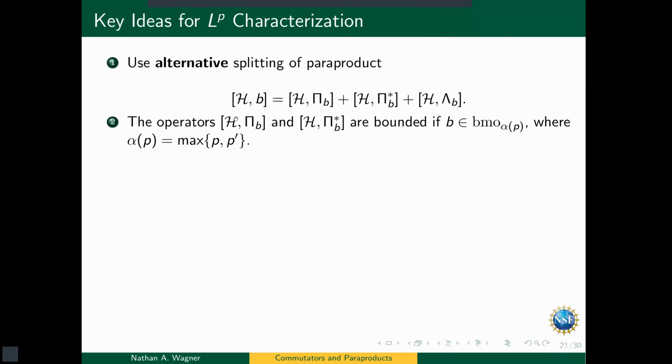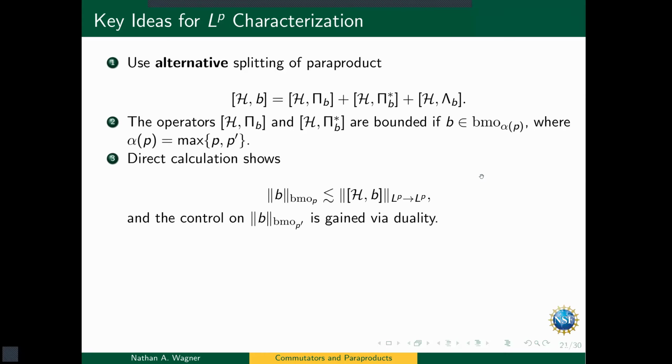And so if I want both this operator and this dual operator where pi b is replaced by pi b star, if I want both to be bounded, that's why I need b to belong to BMO alpha p, where alpha p is a max of p and p prime, right? So there's a duality thing going on.